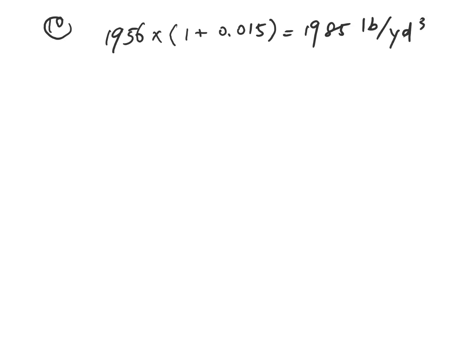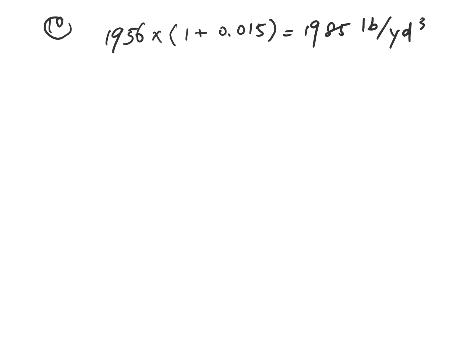So the coarse aggregate dry weight is 1956. If you include the moisture content, you need 1956 times 1 plus 0.015. So if you calculate this value, it's 1985 pound of coarse aggregate per cubic yard of concrete. So that's the moist coarse aggregate weight.